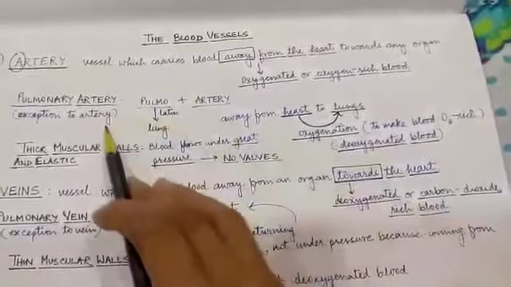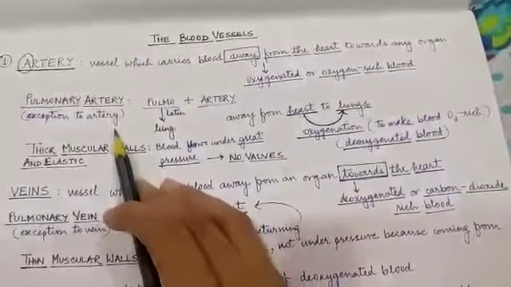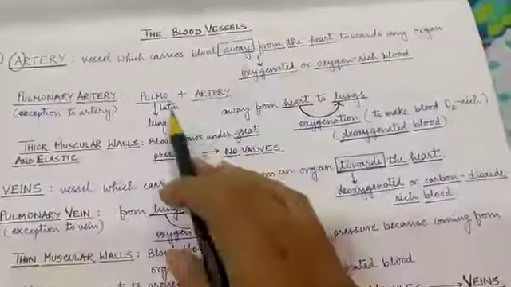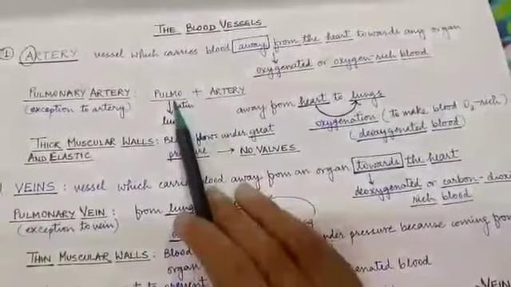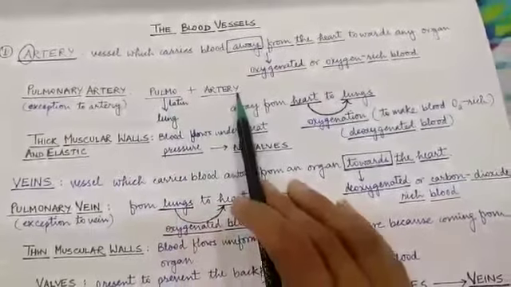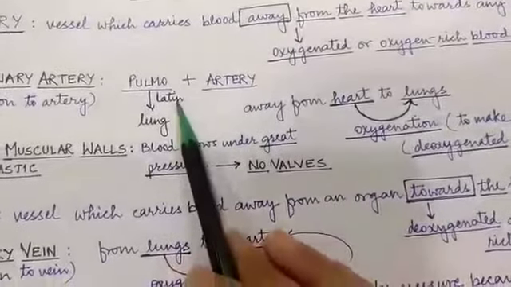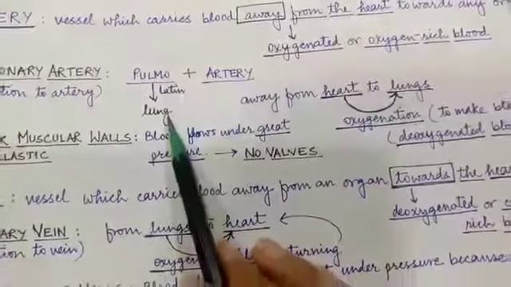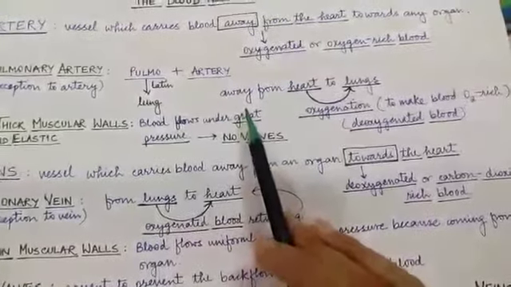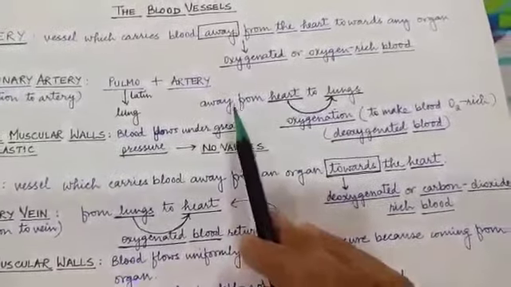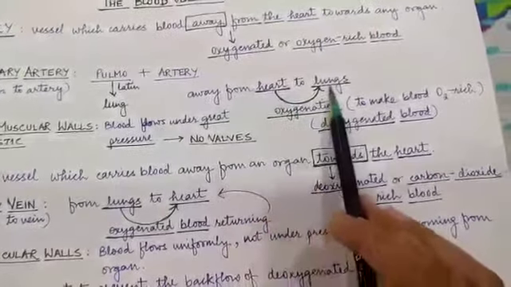You don't have to remember it, you don't have to learn it, right? Let us simplify. Now this pulmonary artery is made up of two words here, pulmo and artery. Artery, you're already familiar with the meaning. Pulmo comes from the Latin origin, which means lung, right? So pulmonary artery is the artery that is taking the blood away from the heart to the lungs.